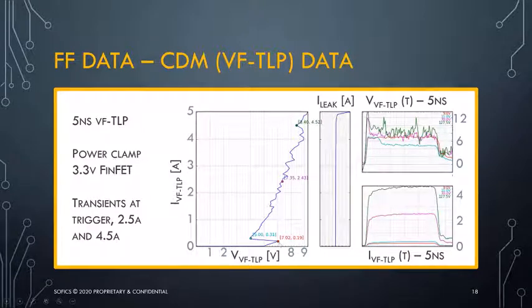If we look at the different points in the VFTLP curve, here the red point is prior to triggering, the light blue is right after triggering. Then we have a data point at 2.5 amps and a data point at 4.5 amps. The current transients are the square pulses that are the input of the test, and you can see them here.